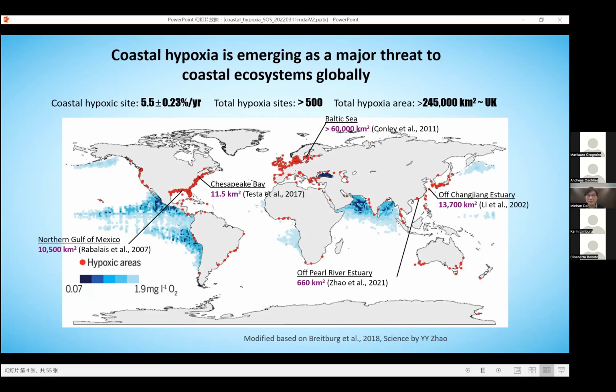And if you sum up the total coastal hypoxia area, it's the surface area of the UK. I highlighted some of the big hypoxic coastal zones: the Baltic Sea, the East China Sea off the Changjiang, for example, the Pearl River Estuary, Chesapeake Bay, and the Northern Gulf of Mexico off the Mississippi.